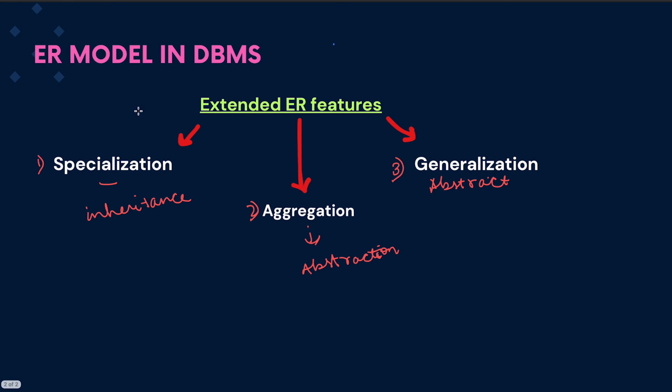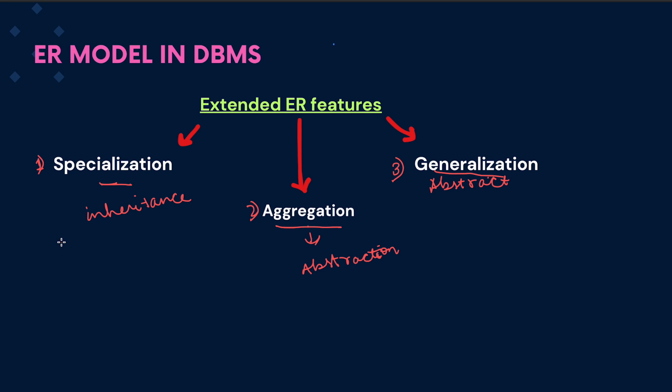So basically in these extended ER features, we would be seeing three features. First one is specialization, second one is aggregation, and third one is generalization. Let me just give you an overview of all these three. Then we would be looking at each of them in detail in the next set of videos. So in specialization, as I told, a person may have overburdened attributes because a person may be acting as a customer, as an employee, as a student.